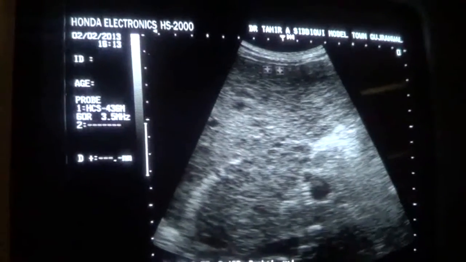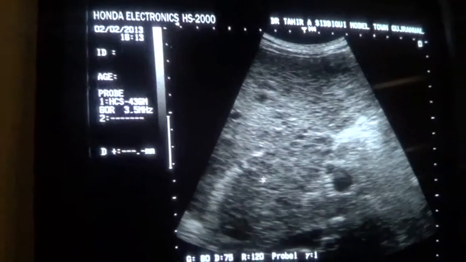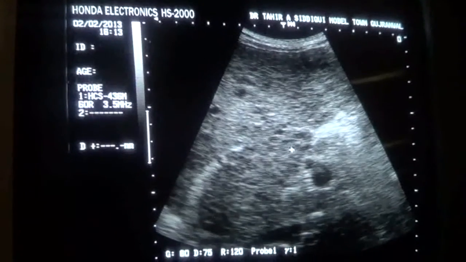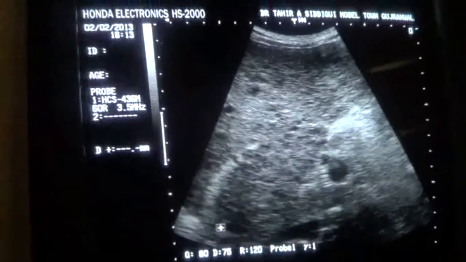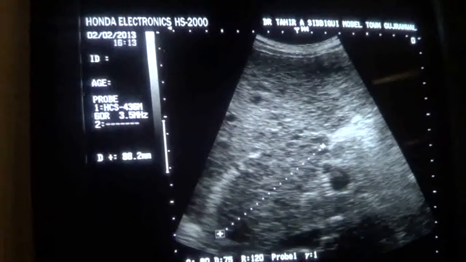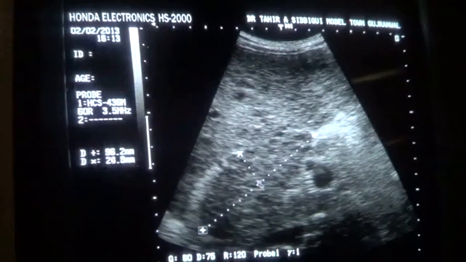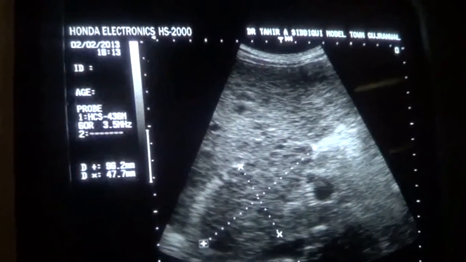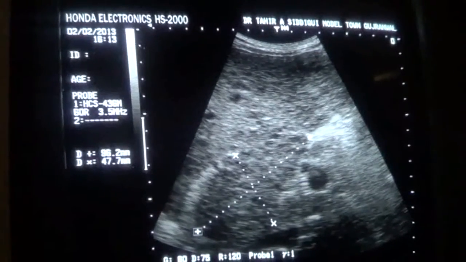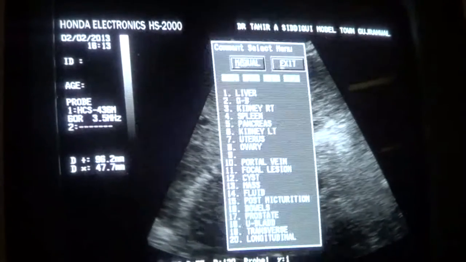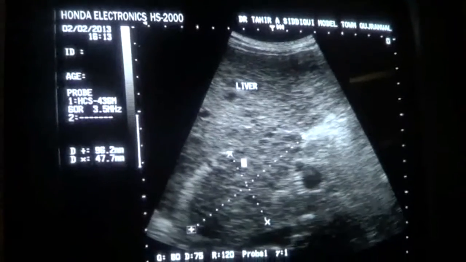In segment 2, segment 3, segment 4, all the segments show the same echogenicity and texture as that of the caudate lobe, whereas normally the caudate lobe is spared in the cirrhotic process because the caudate lobe, or segment 1, has its own separate blood supply. Here the caudate lobe measures 9.6 millimeters by 4.7 centimeters, and thus the caudate lobe of the liver is definitely showing hyperplasia.